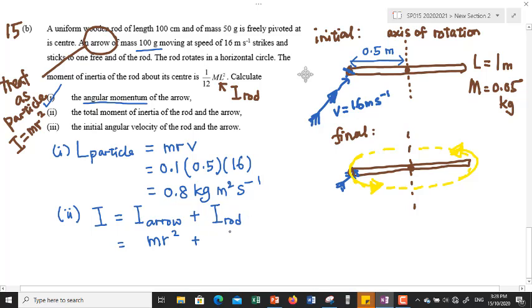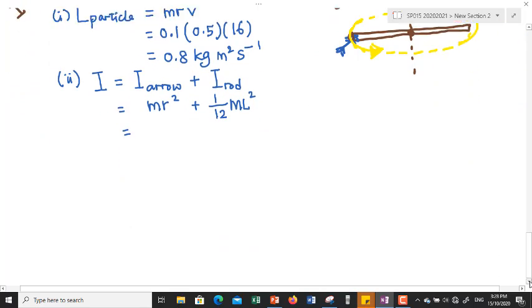Then what about the rod? The rod has a uniform shape, and the formula for the moment of inertia for the rod is already given in the question. So we put it down here, 1/12 ml squared. Then we substitute the value.